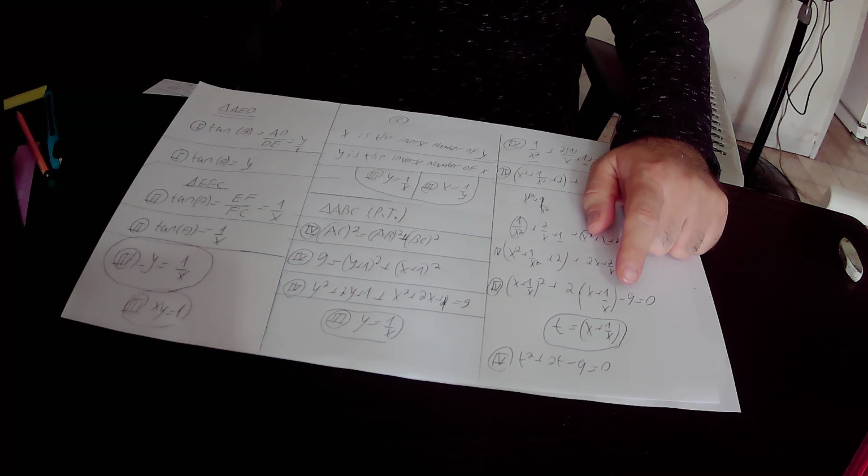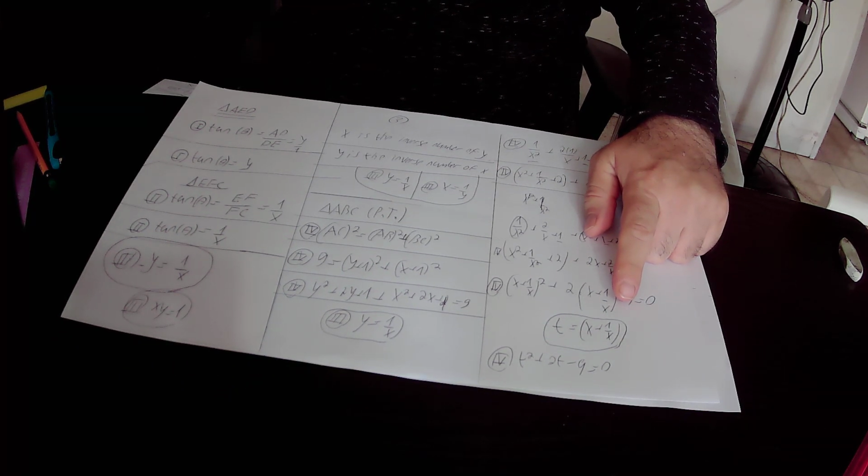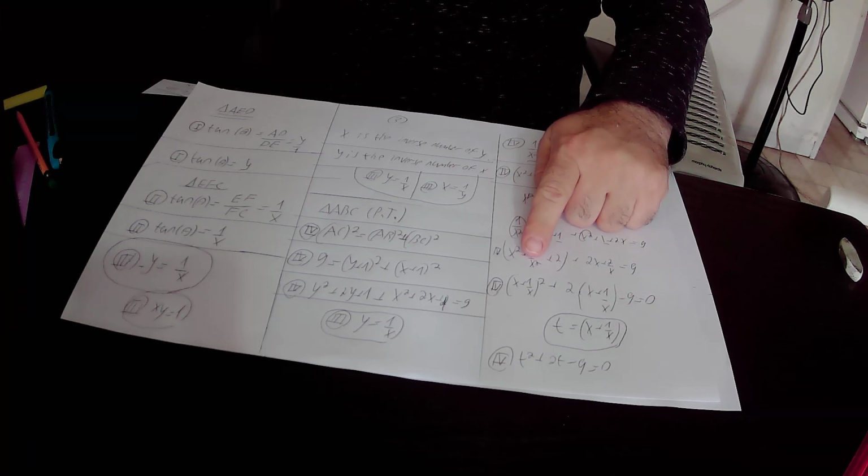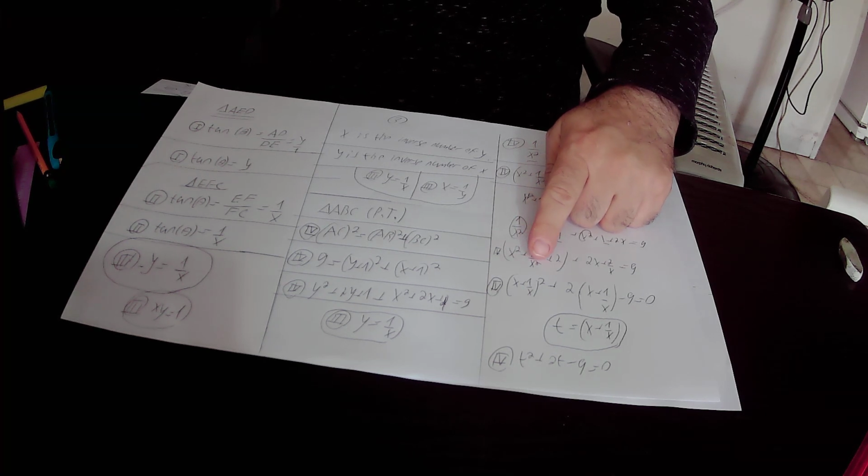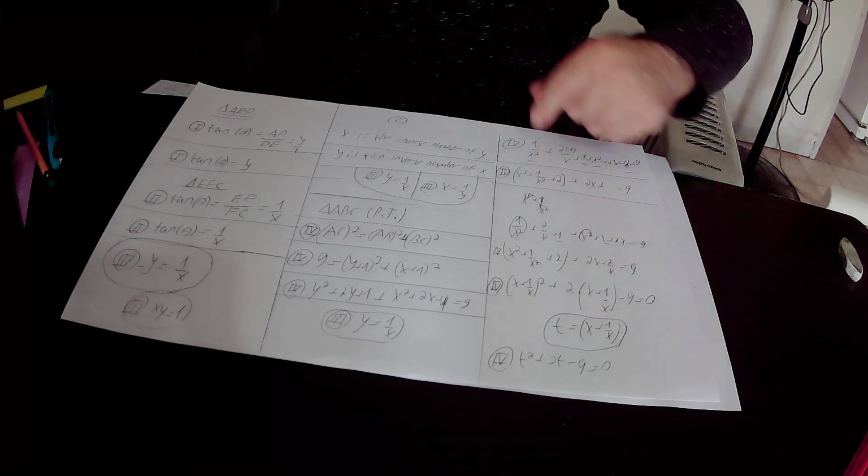And according to our definition, we can substitute t for x plus 1 over x. We did it and we got that equation number 4 is actually equal to t squared plus 2t minus 9.